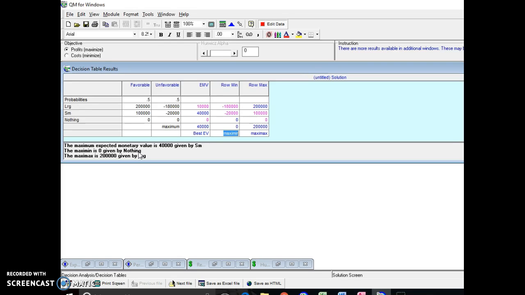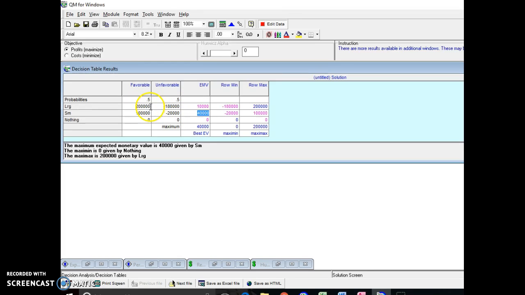Last, Laplace value. And you recall that's the average value. Ironically, if we had 3, the very favorable, favorable, and unfavorable, we would want to divide those into thirds. Here, because we've got 2, we're dividing it in half. And so our expected monetary value is also our Laplace value of $40,000.